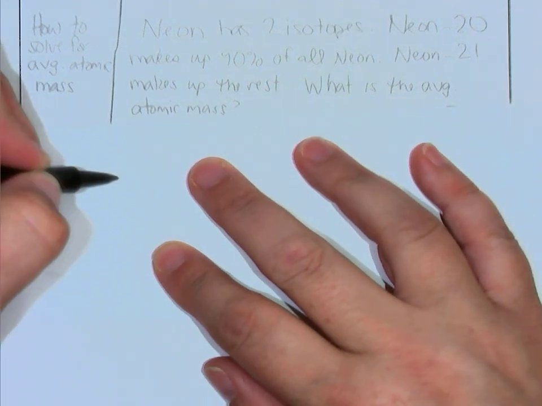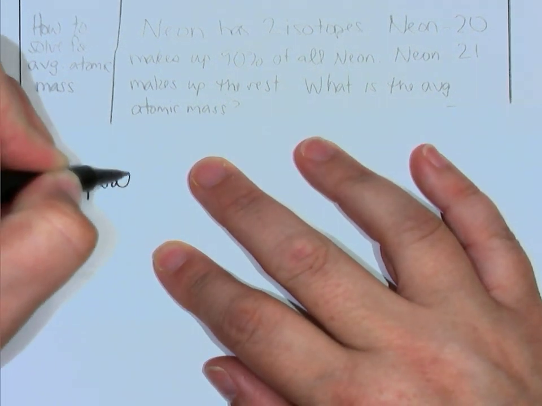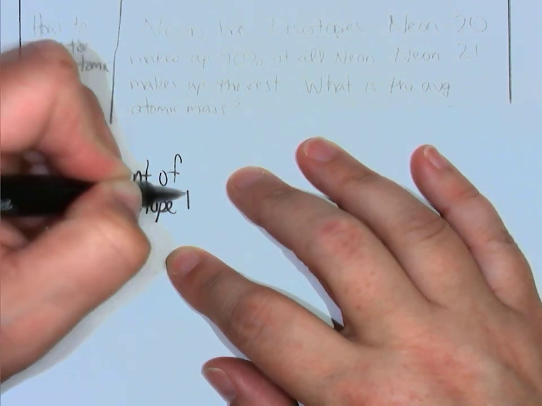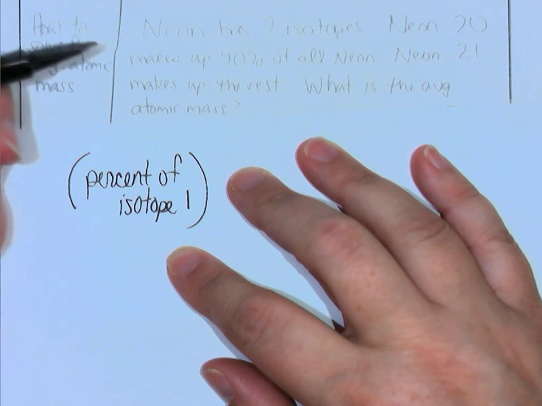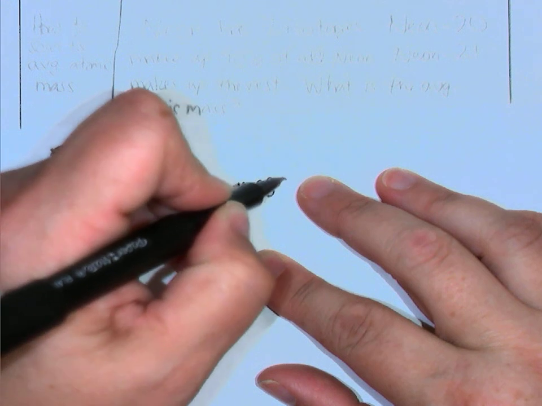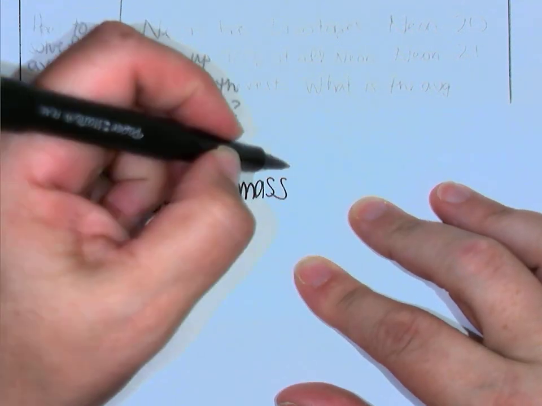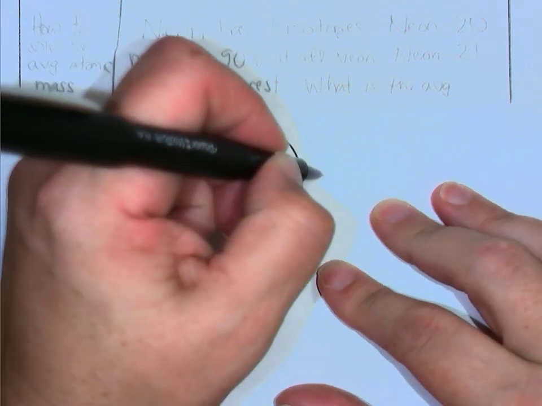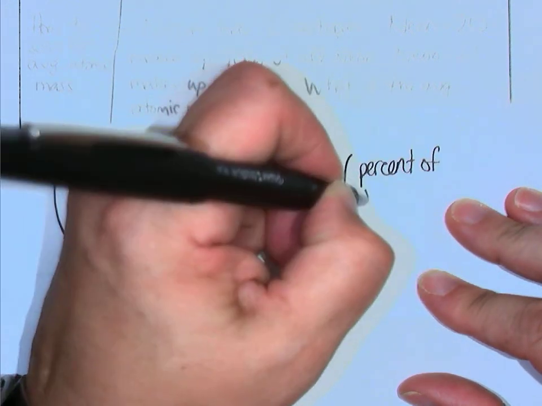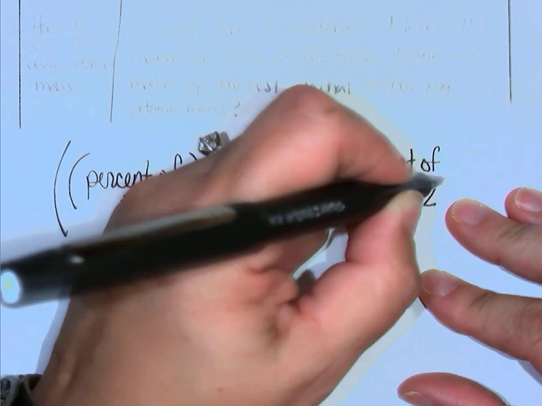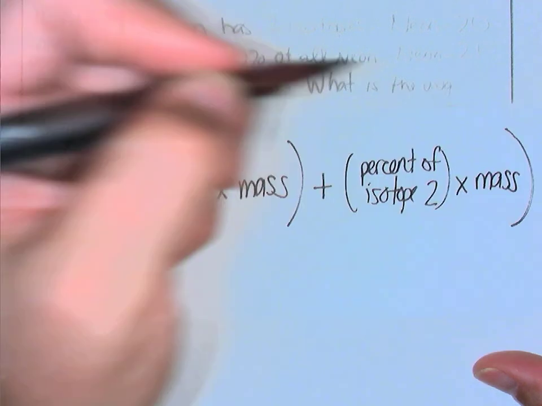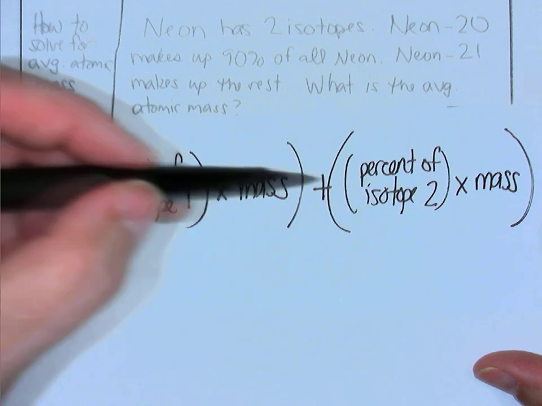You're going to take the percent of isotope 1, okay, times its mass, okay, and this gets done first, okay, plus percent of isotope 2 times its mass, okay, and in this case we only have 2 isotopes, so we'd only have to do this 2 times.